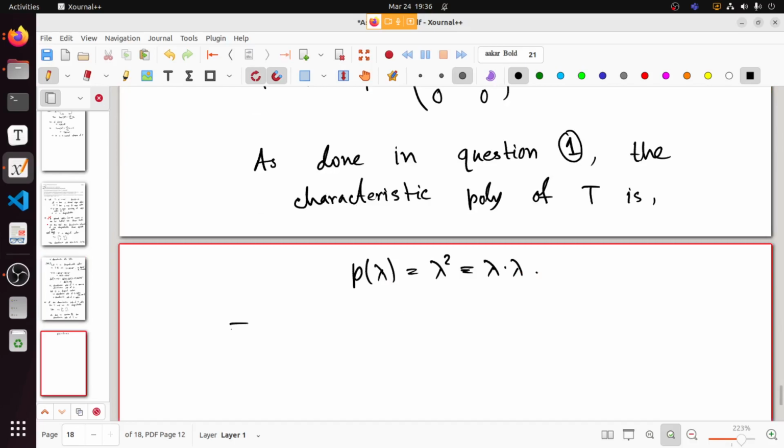So this implies the characteristic polynomial of T splits.